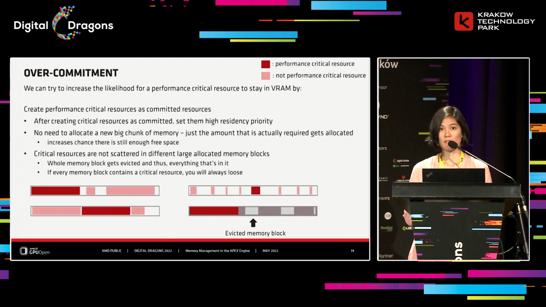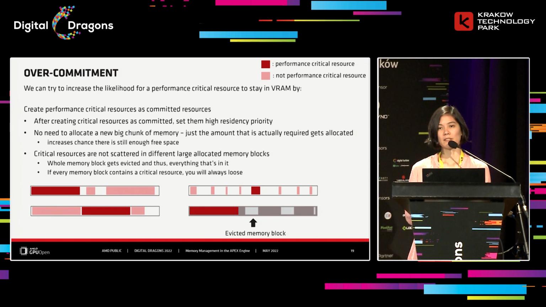Another thing you can try is to create performance critical resources, for example, render targets, as committed resources, and then once they're created, to set them as high priority. High residency priority, because this priority is only targeted to your performance critical resources, and they are per allocation. And also if you need to allocate new memory, then it's really just the amount that's actually needed.